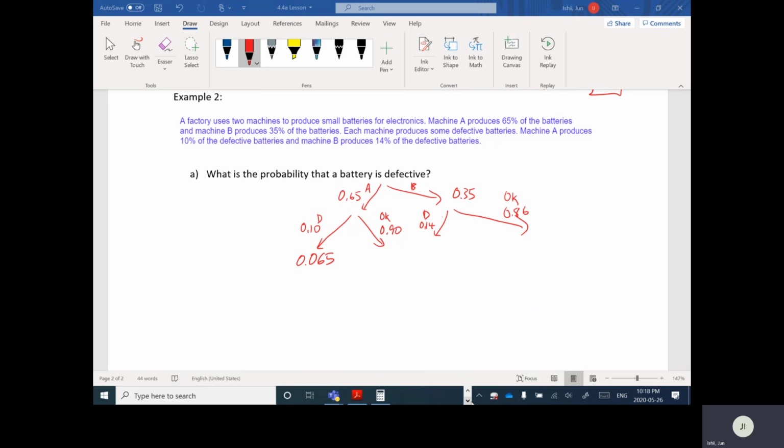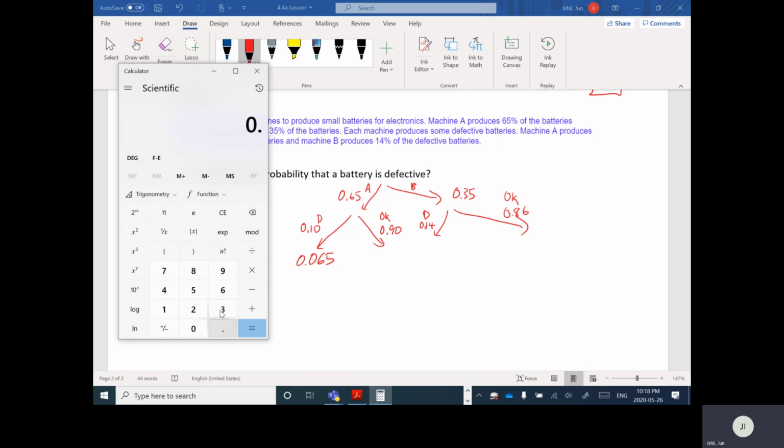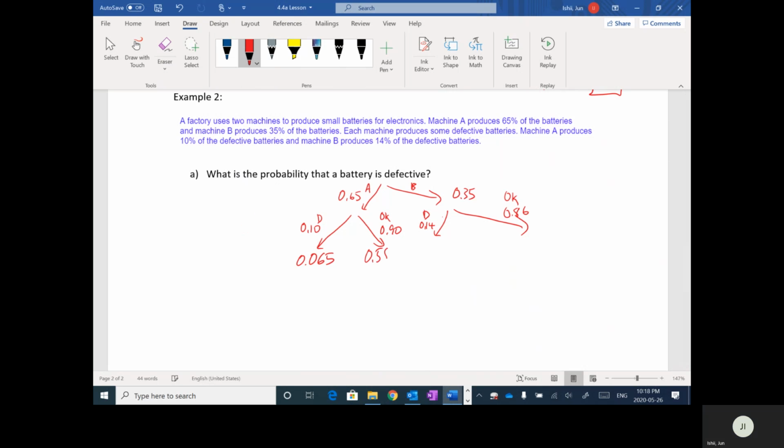Let's take out the calculator again. 0.65 multiplied by 0.9 is 0.585. So 58.5% of the time, a battery will come from machine A and be okay.